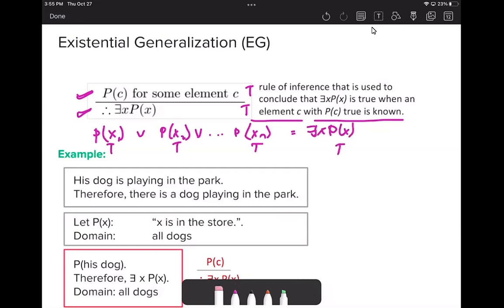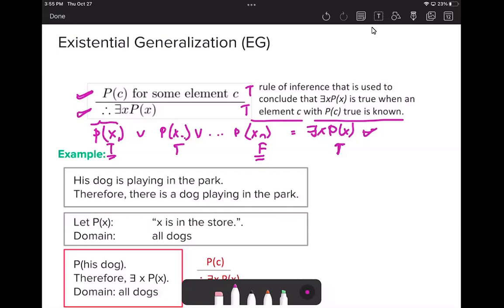Now, suppose we have only one C which is true and the rest are false. Still, this will result to true because we only need one. Suppose this is also true, and we have a false P of C, then still this is true.